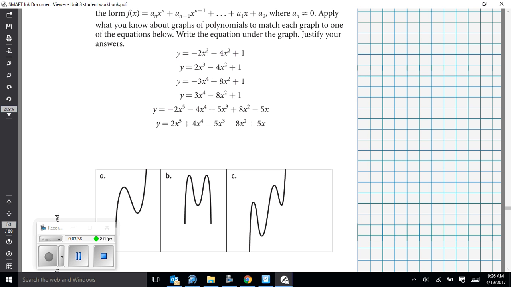One is up and the other is down. If it's an even degree function, both ends are either up or both ends are down. If it's an even degree function and both ends are pointing down, is it positive or negative? Negative.